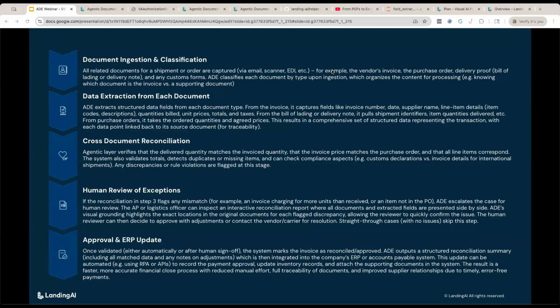And when there are those mismatches or anomalies, the human can come in and review and provide a structured reconciliation report that is updated in the ERP system. That's really important to reduce the amount of time this is manually done, and help speed up the time in which people are paid out in those logistics processes.